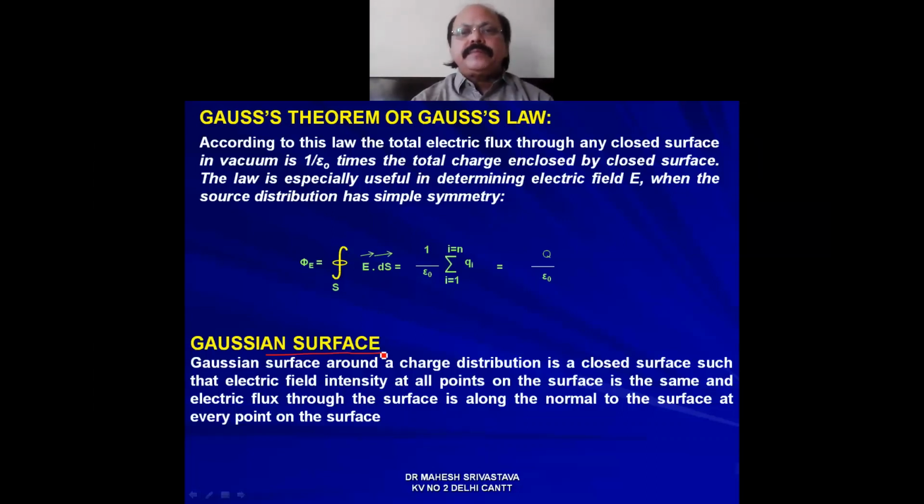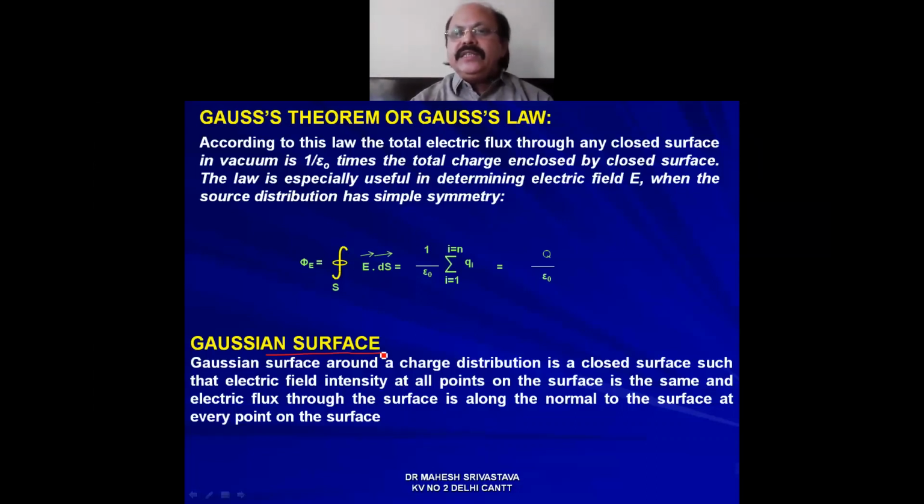I will give one example so that you can understand in a much better way. We take a spherical surface and place a charge at its center. When you place the charge at its center, the distance of this charge from every point on the surface of the sphere is the same, equal to the radius, and the electric field intensity depends on the distance.